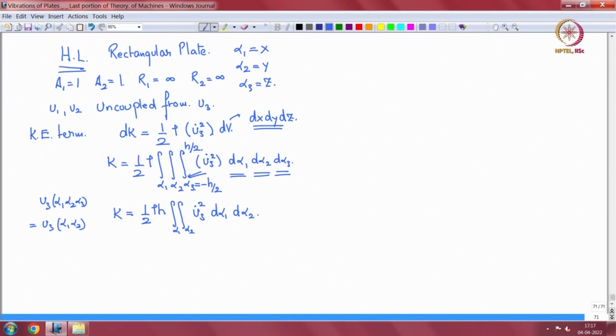Now if we put this in the way it appears in Hamilton's law, delta K dt becomes equal to rho h integral t1 to t2, integral alpha 1, integral alpha 2, u3 dot delta u3 dot d alpha 1 d alpha 2 dt.